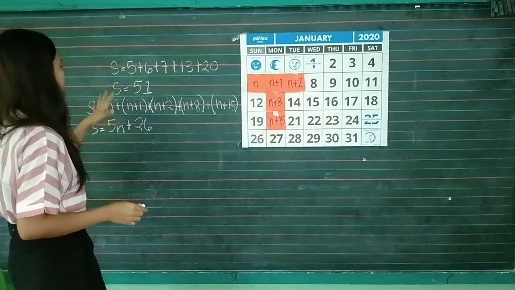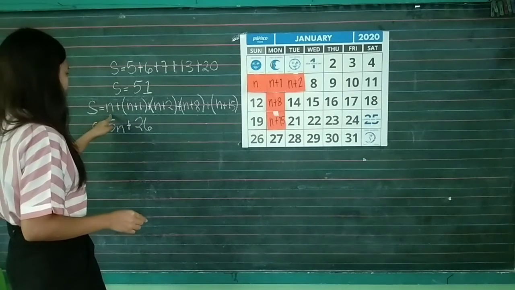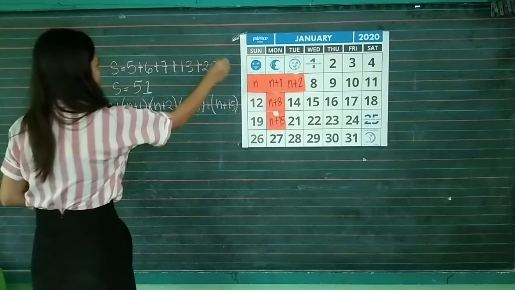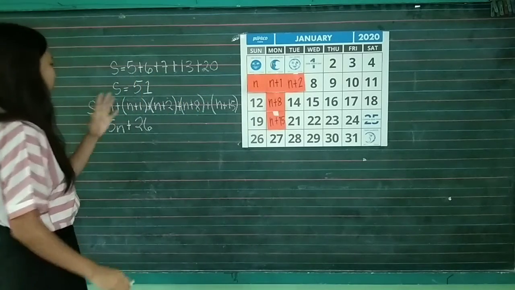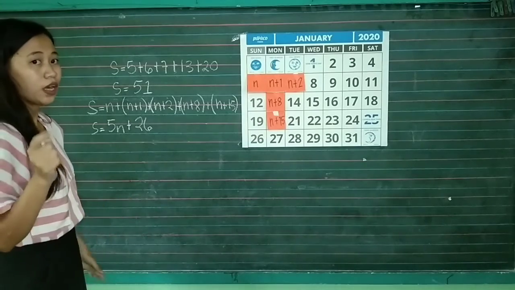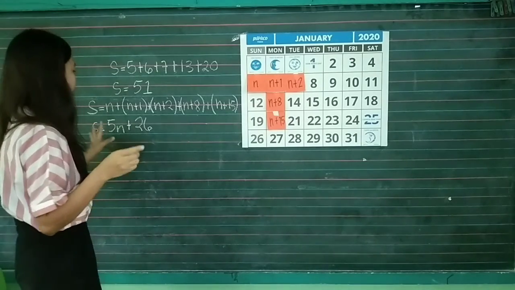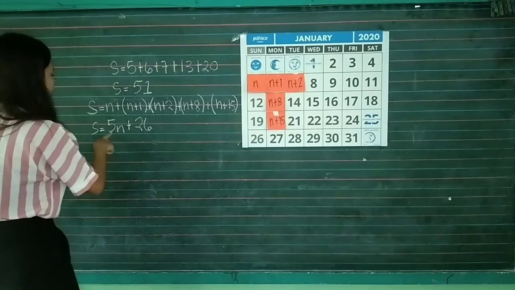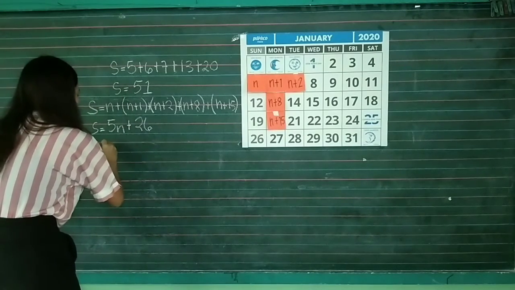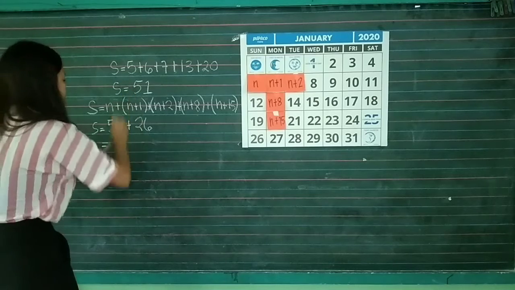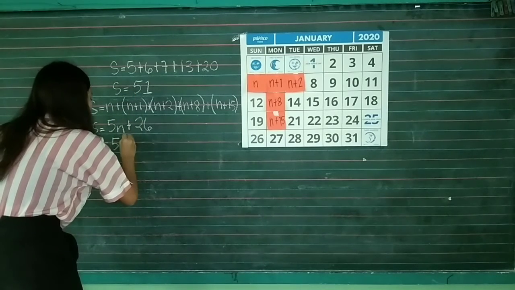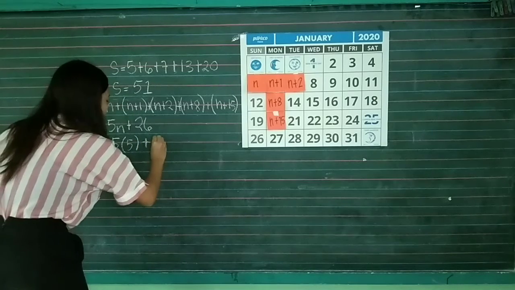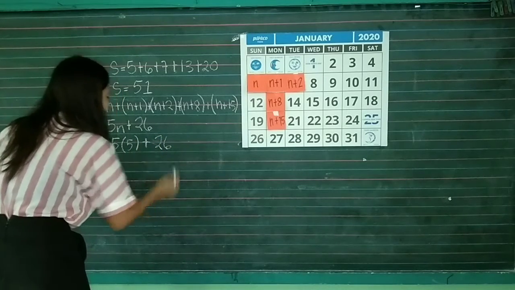When we substitute the value, we get these numbers. So let us check if this is true. Substitute n with 5. So 5 multiplied by 5 plus 26.